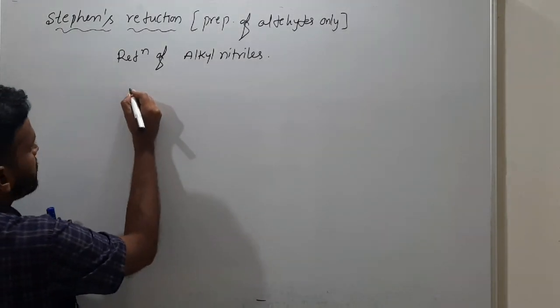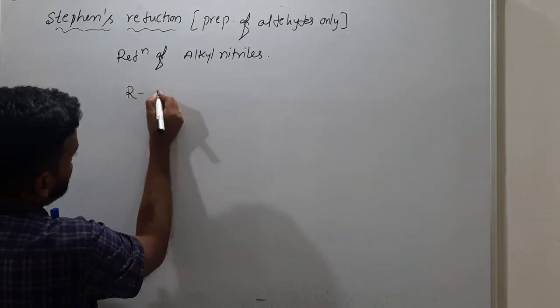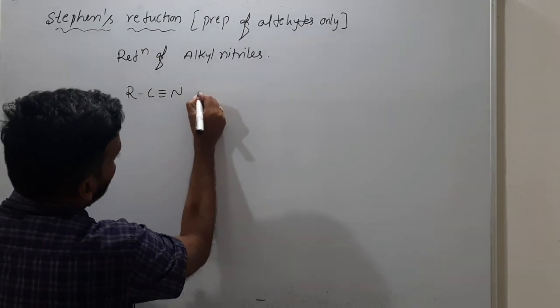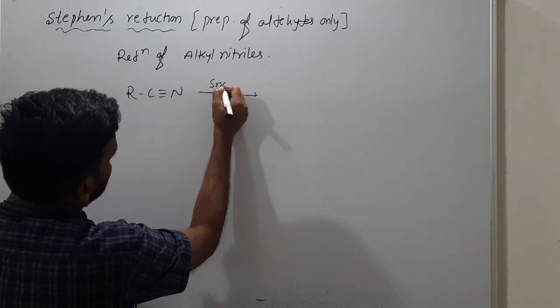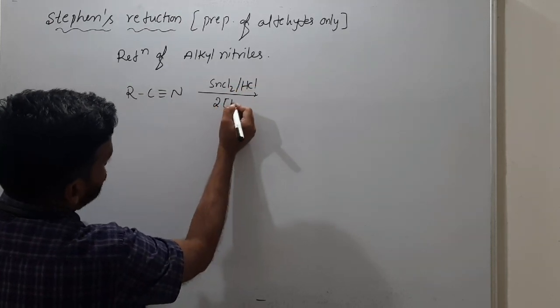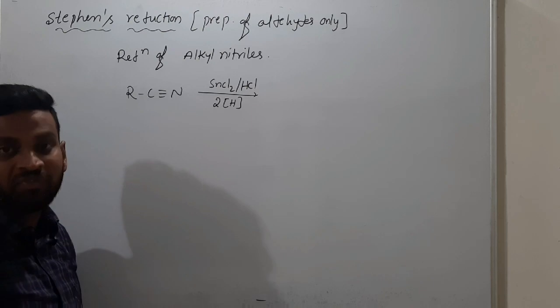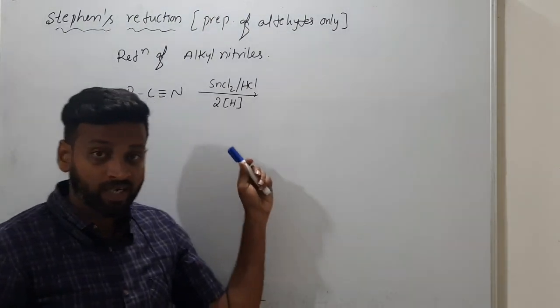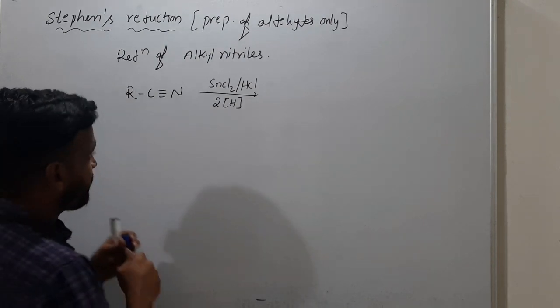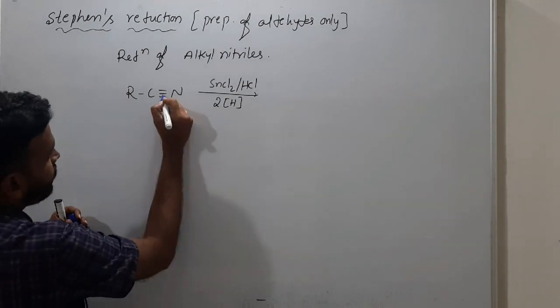Suppose here R C triple bond N, when you are treating with SnCl2 and HCl, so reduction. 2 moles of nascent hydrogen will add. So what happens, do you know first? One of the pi bonds will break actually.